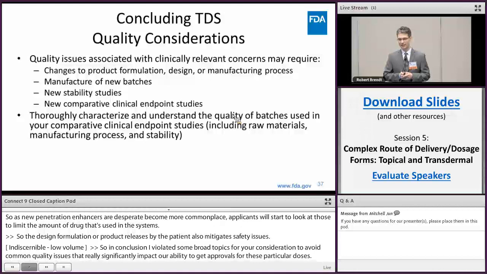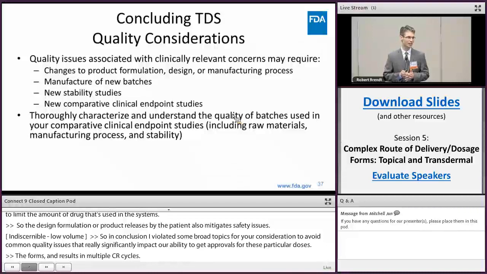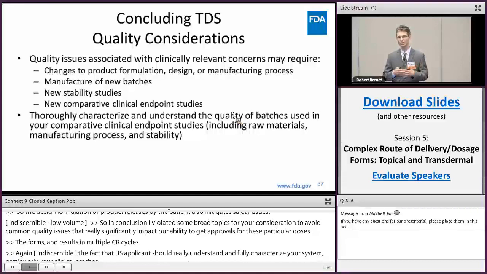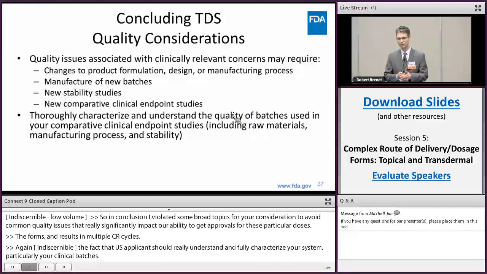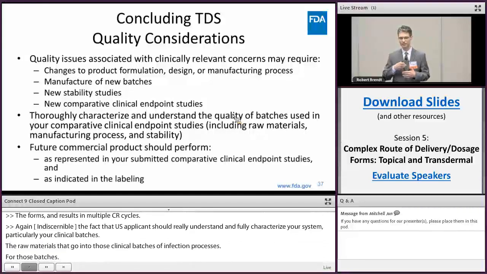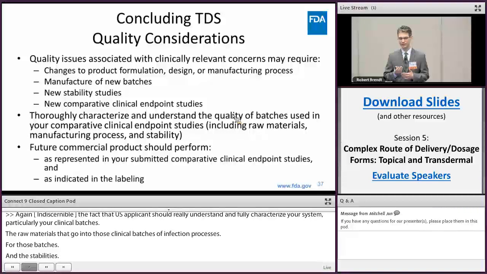And I, again, want to highlight the fact that you as an applicant should really understand and fully characterize your system, particularly your clinical batches, the raw materials that go into those clinical batches, the manufacturing process used for those batches, and the stability, so that the clinical studies that you submit to the agency are representative of the performance of the future commercial product.